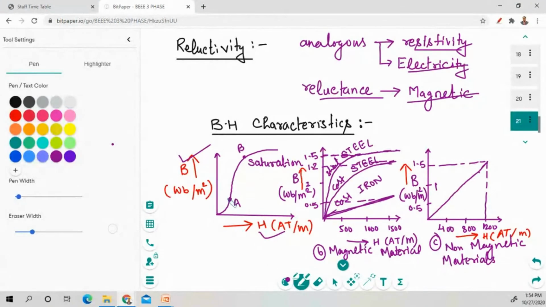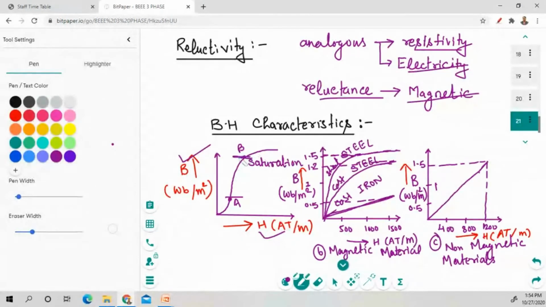There are two points in any material. One point is A and the second point is B. The A point is called the start point and the B point is called the saturation point. From point A, our material starts conducting from A to B. When it reaches point B, it saturates. Saturate means that after that, if you increase the intensity, the density will not change. It remains the same.